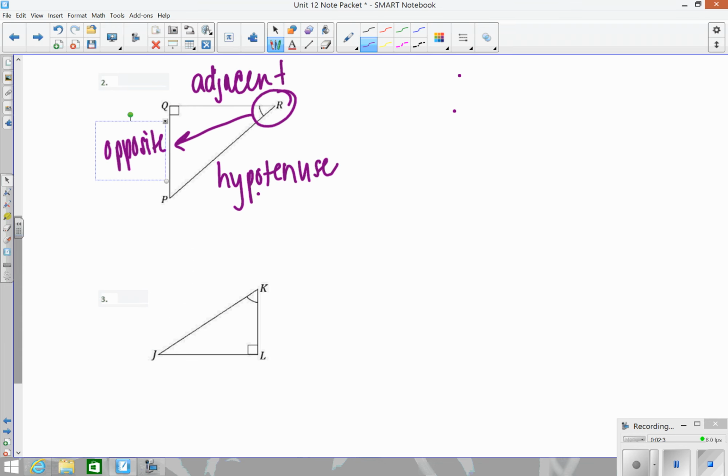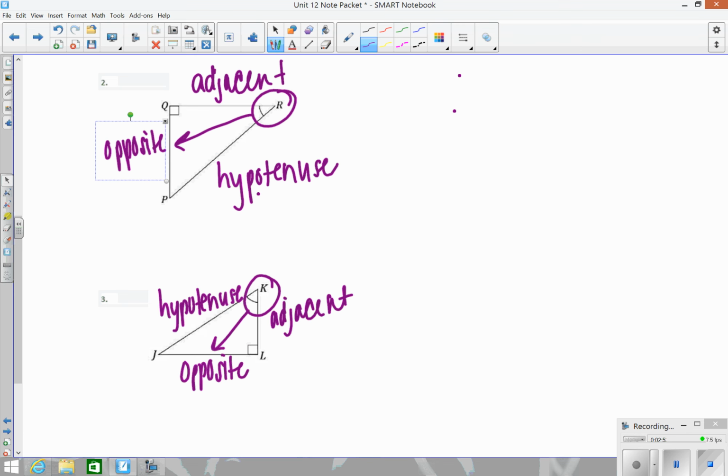And then in this last example, look for the right angle. Across from the right angle is the hypotenuse. That won't ever change. And then looking at the acute angle K, opposite angle K is this side here, and adjacent is next to it.